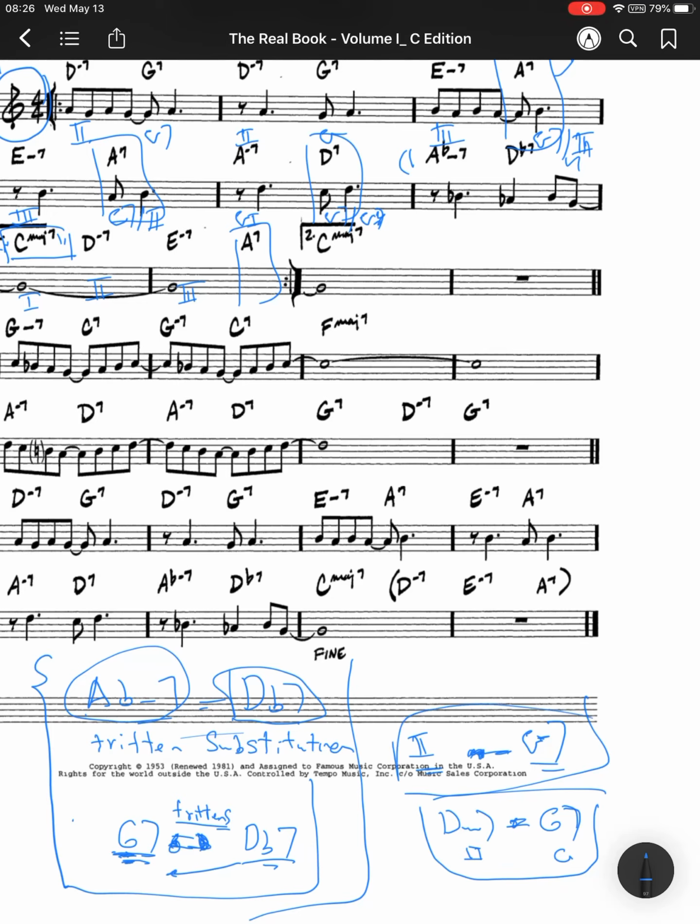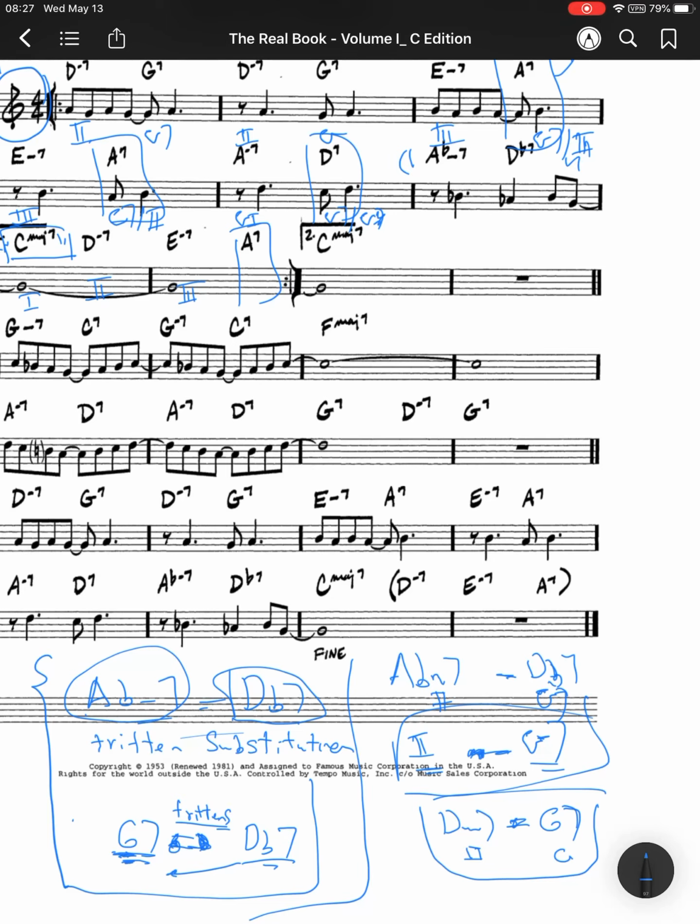So in this situation, D flat 7 is a tritone substitution of G7. And before that, the composer used A flat minor 7 as the second scale chord.